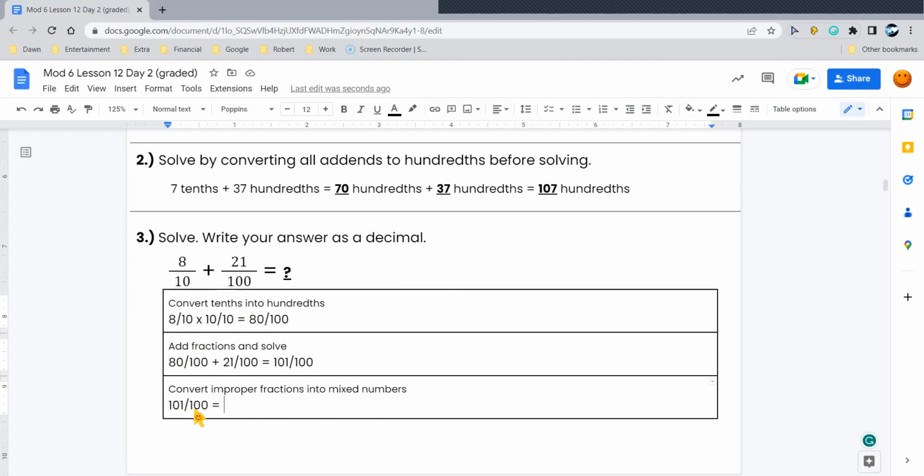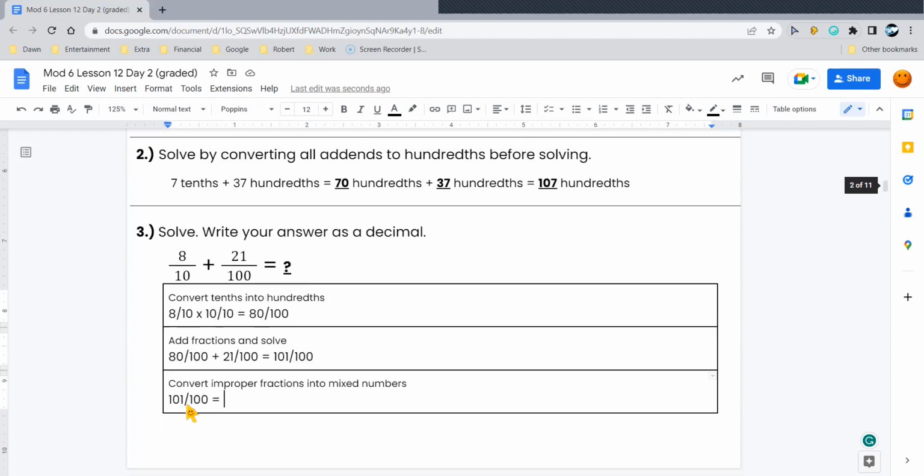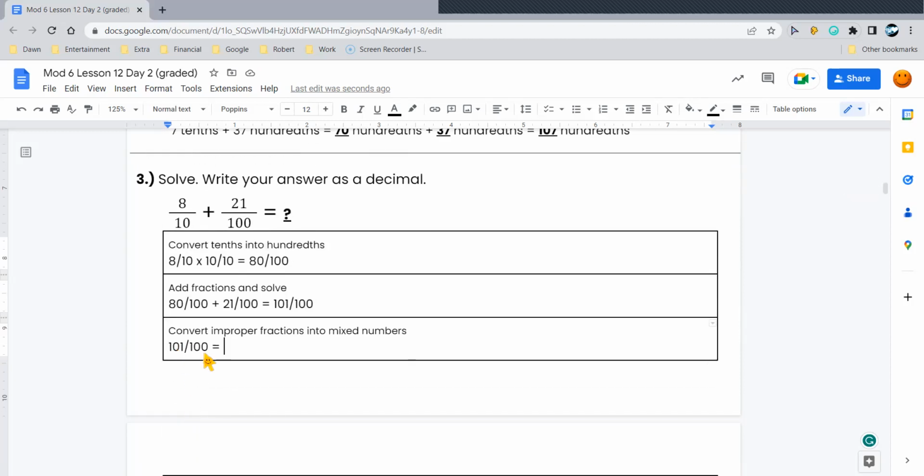So the first thing I'm going to do is take it, and I see that I can pull out one set of 100 over 100. I have 1 over 100 left, which gives me 1 and 1 over 100.